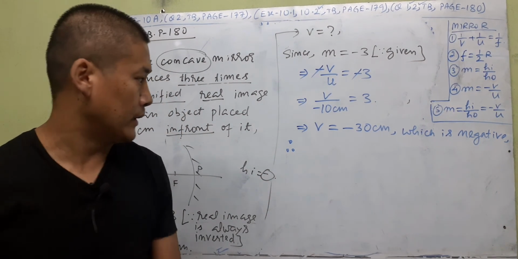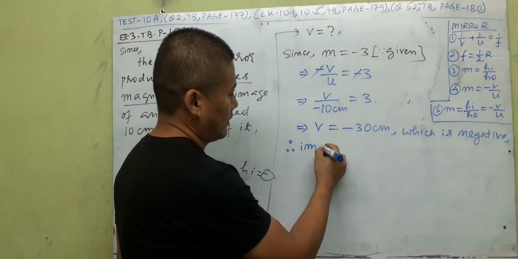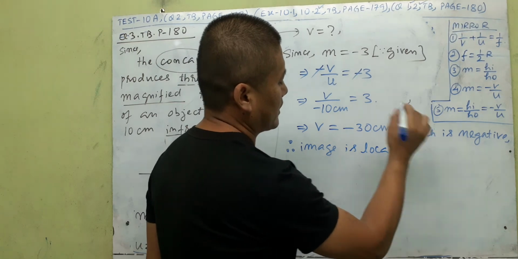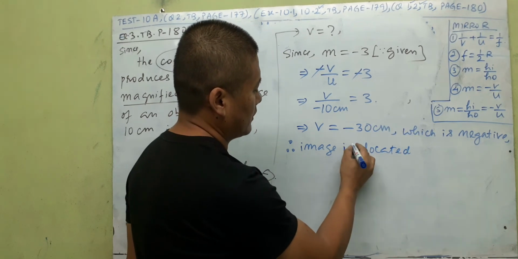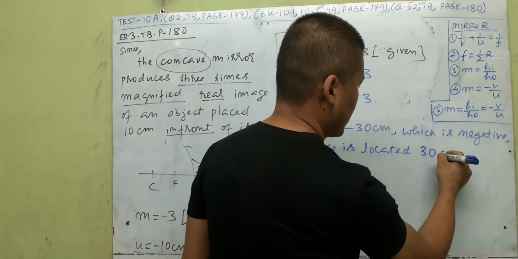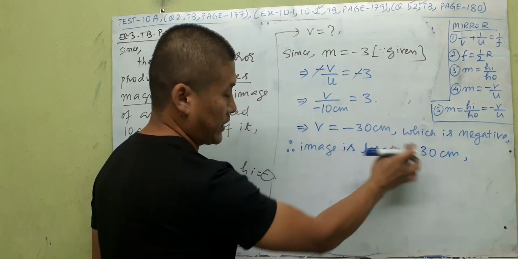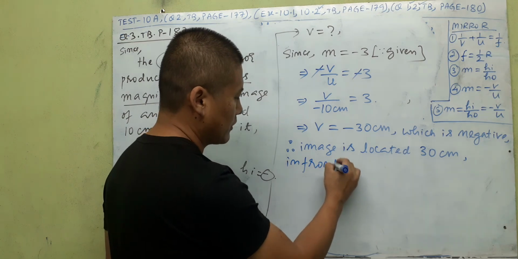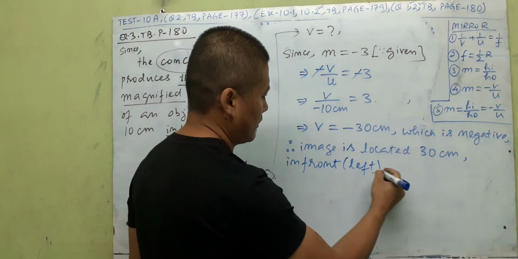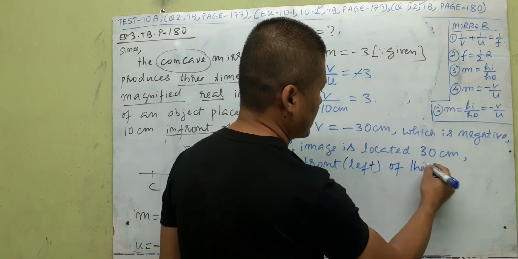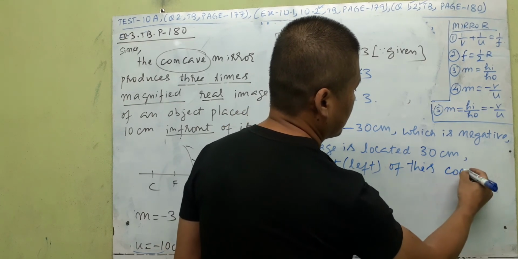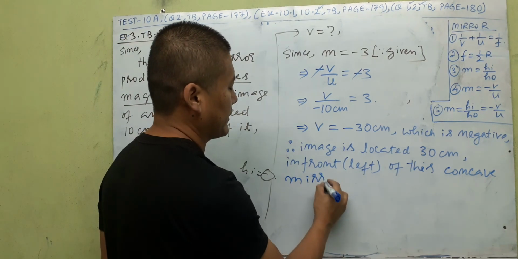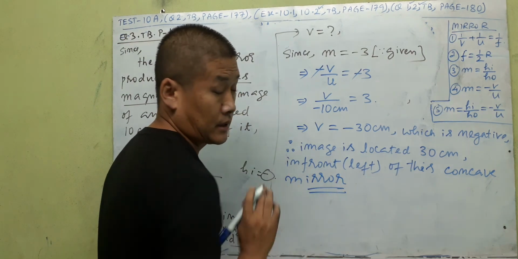Where is the image located? So you can write here, image is located, just like using the textbook language. Image is located 30 centimeter, comma, don't need to put minus there. Minus means, we know that means in front or left of this concave mirror, because the mirror is concave, right? So that's the only thing the question is asking us.